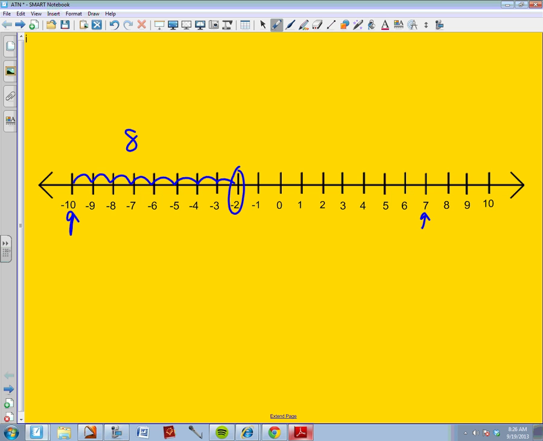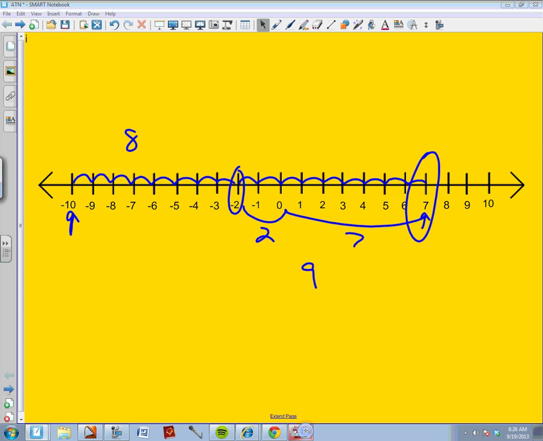And then 7 is going to be 9 away. Using our Creepy Bunnies rule, we've got 7 and 2 more making 9, a distance of 9. So the +7 is further away than -10.